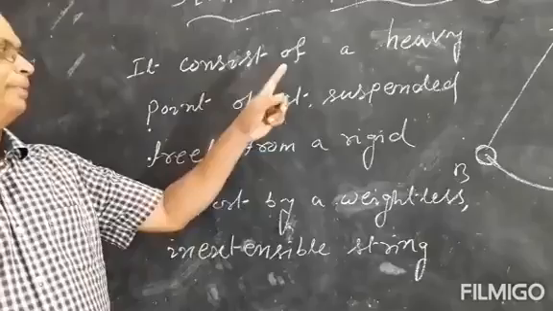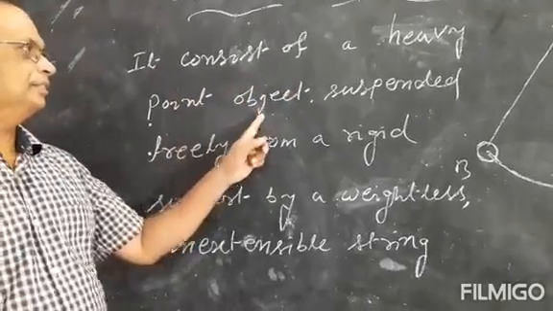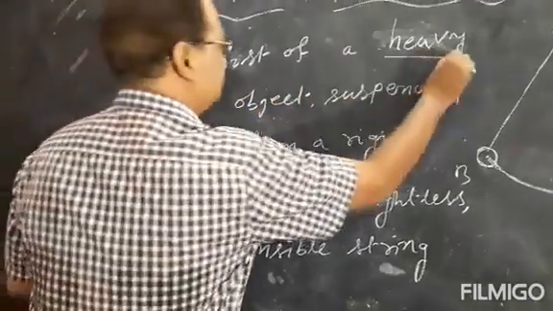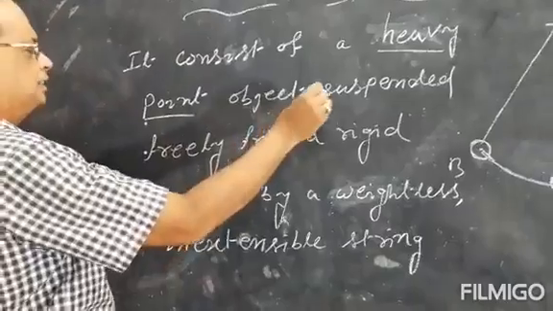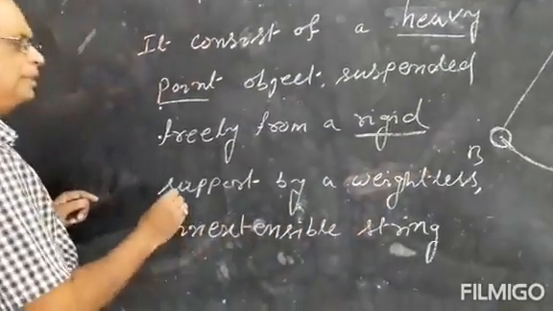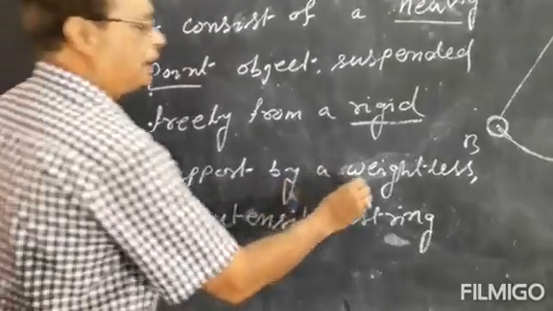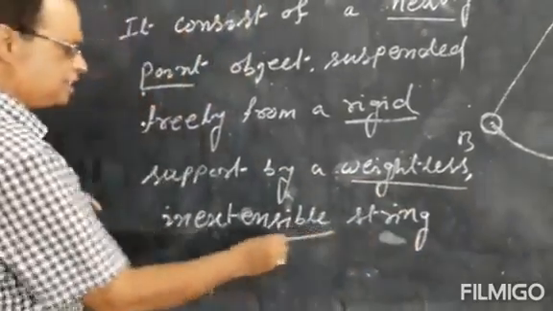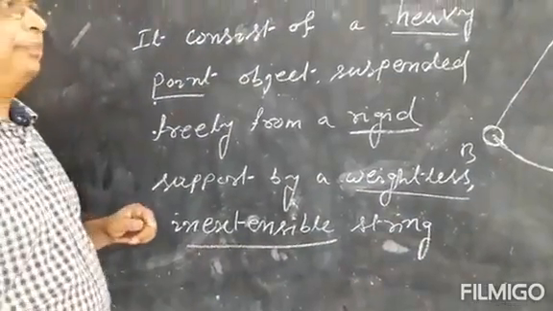It consists of a heavy point object suspended freely from a rigid support by a weightless inextensible string.